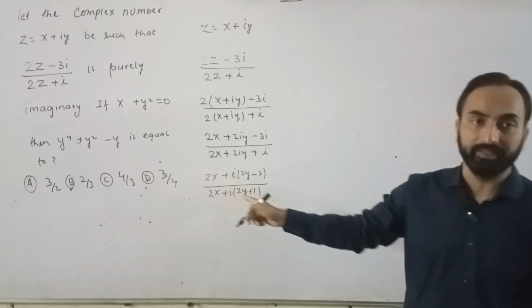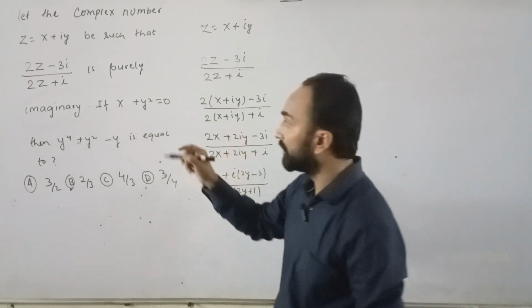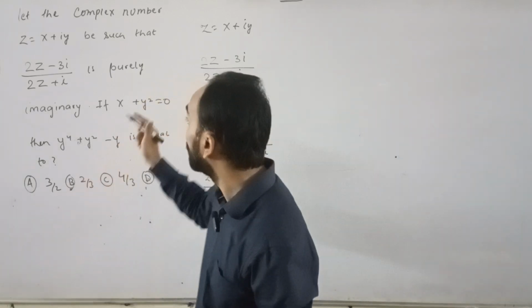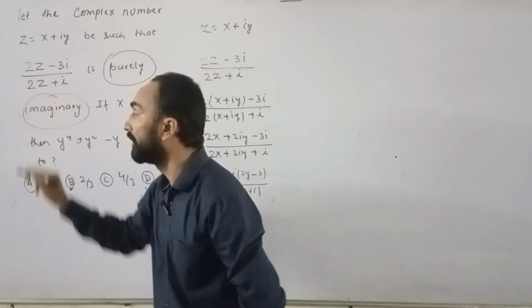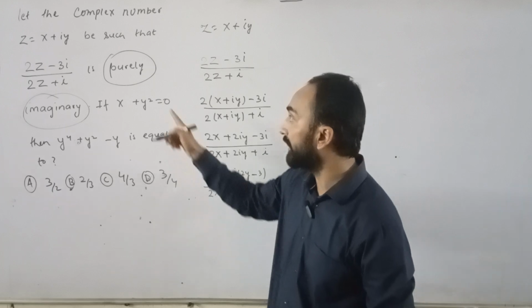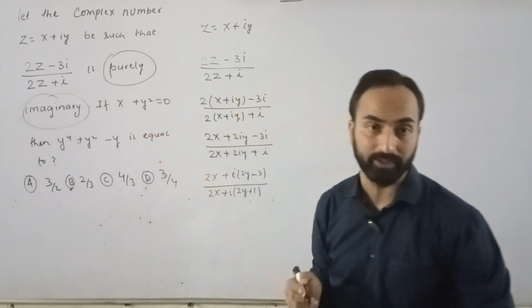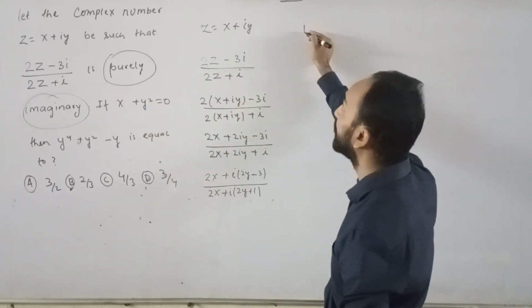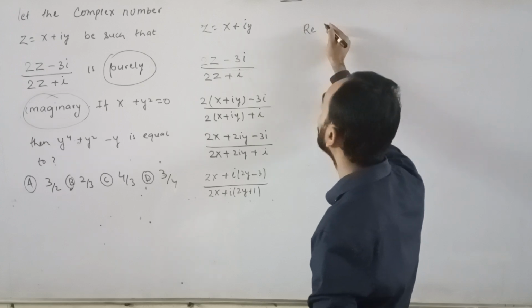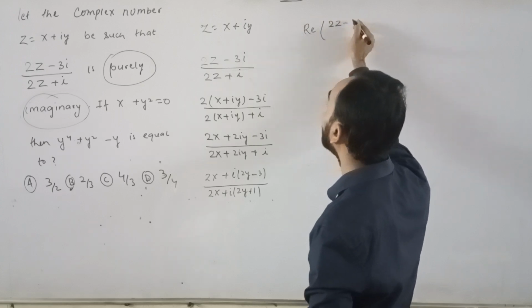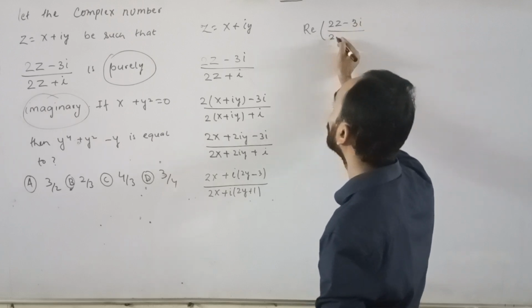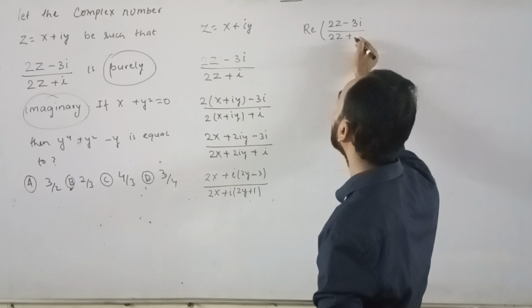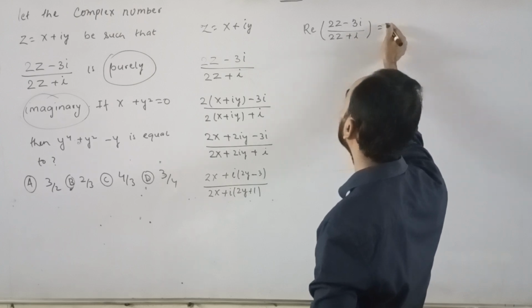Now one thing to notice is that it is purely imaginary. If something is purely imaginary, it means its real part is equal to 0. So the real part of (2z − 3i)/(2z + i) is equal to 0.